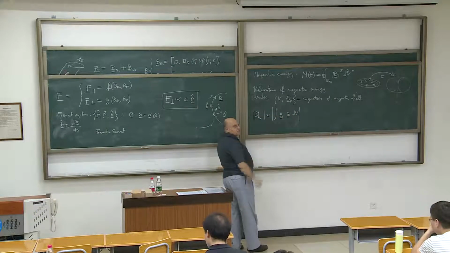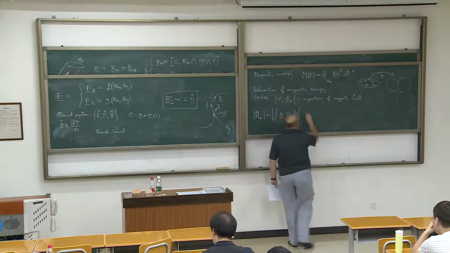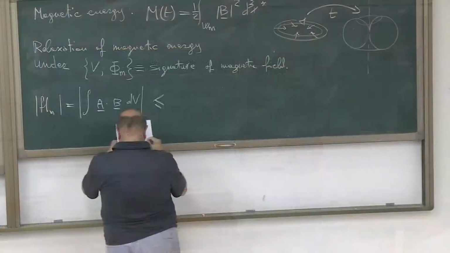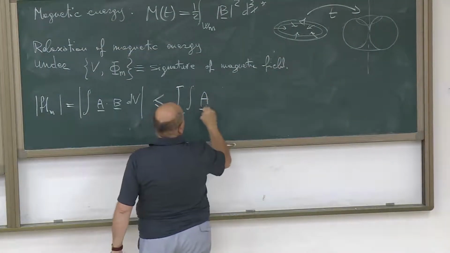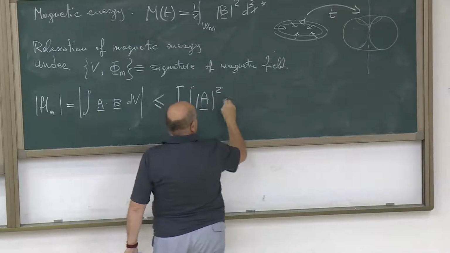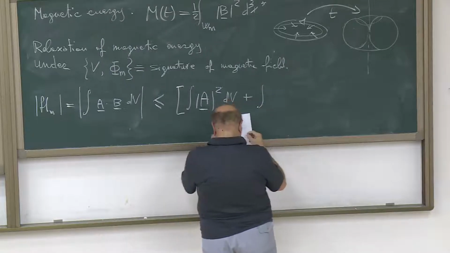We apply first the Schwarz inequality to this system, and we have that this is bounded by the integral of A squared dV plus the integral of B squared.